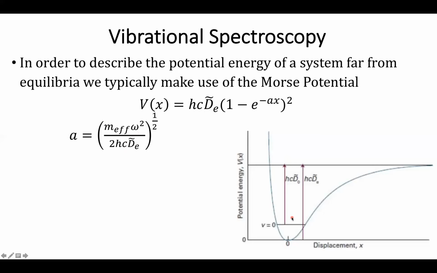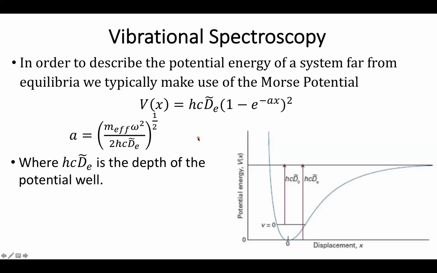So if my A expression is fairly large, I'm going to be seeing a narrower well here. And if A is smaller, I'm going to tend to see a much wider well. Now, the other feature that we need to focus in on, because it shows up twice, is this hc dE expression. So again, we can see by the tilde that dE is going to be expressed in terms of wave numbers.